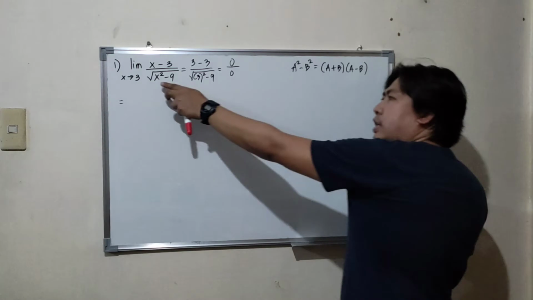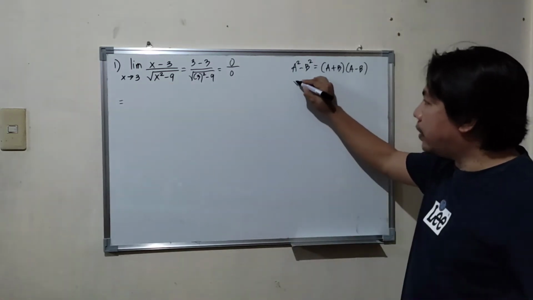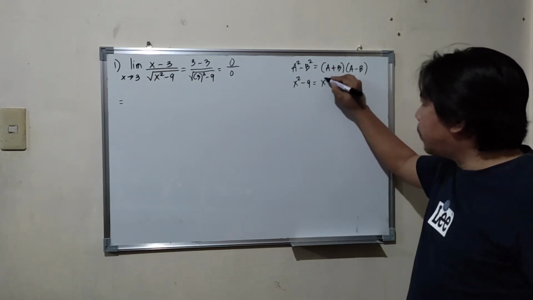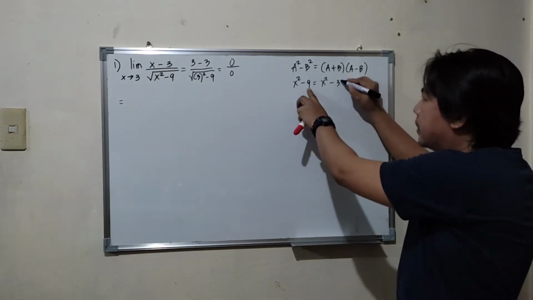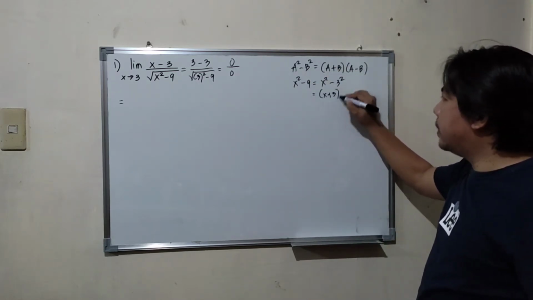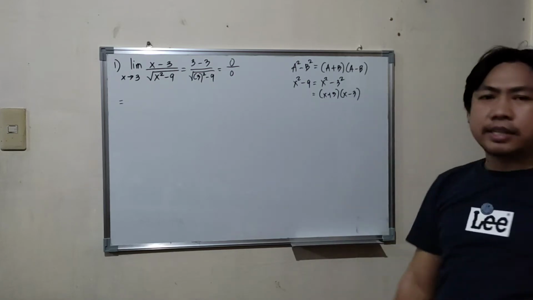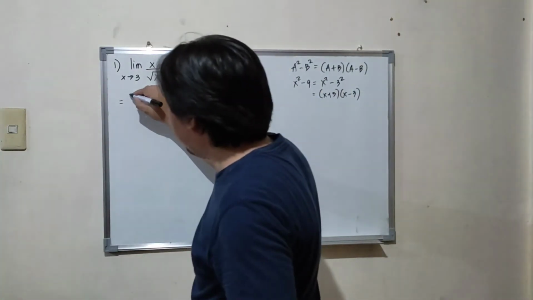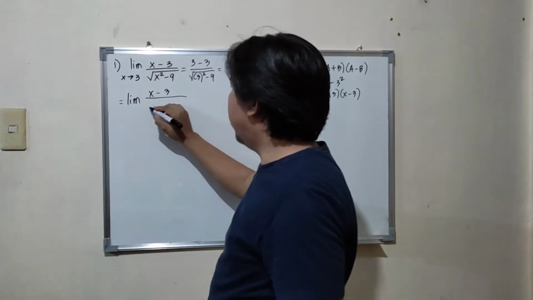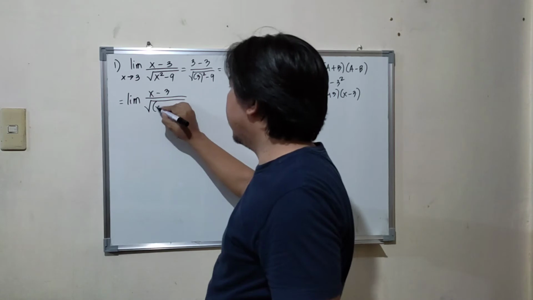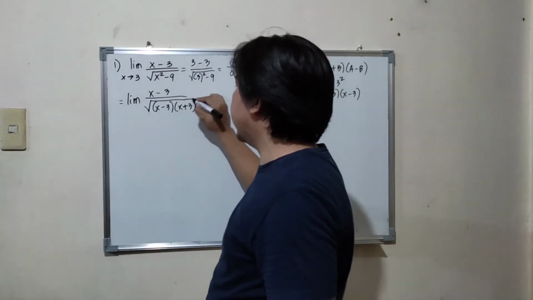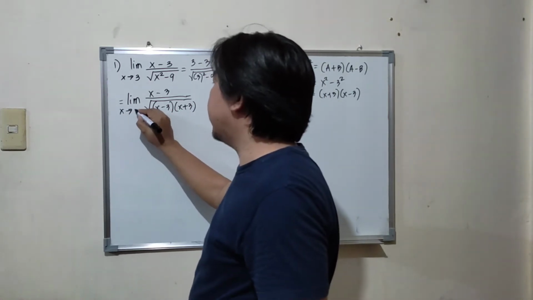Apply this to this term. x squared minus 9 can be written as x squared minus 3 squared, so we have x plus 3 times x minus 3. Therefore, we now have limit of x minus 3 over square root of x minus 3 times x plus 3 as x approaches 3.